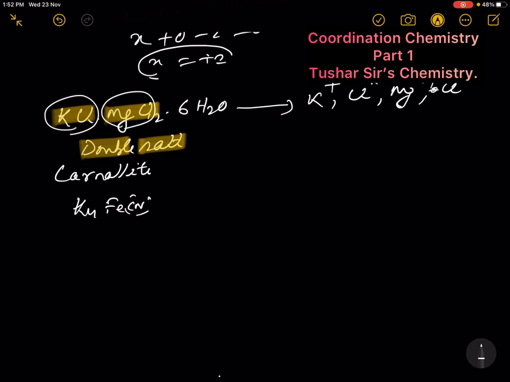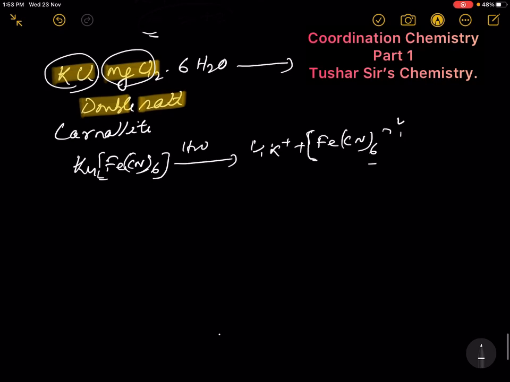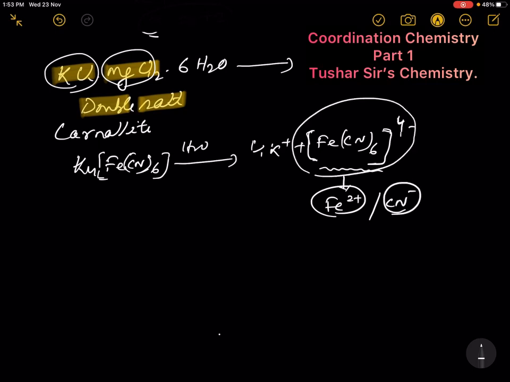In water it gives 4K+ and [Fe(CN)6]4-, and this [Fe(CN)6]4- does not give the test for Fe2+ or the test for CN-. So this is a complex compound. You see, in the double salt it gives the test for all ions, but here it doesn't give the test for Fe2+ or CN- ions.